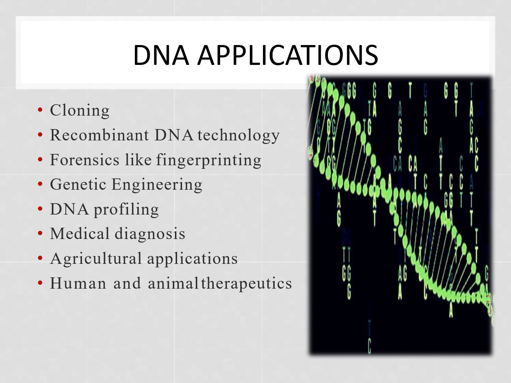We must know the basic structure and functions of DNA for further studies like cloning and recombinant DNA technology, and forensics like DNA fingerprinting, and for genetic engineering. For all these things, the basic knowledge about DNA is very important. This DNA fingerprinting is also called DNA profiling, and it is used for medical diagnosis, for agricultural applications, and for human and animal therapeutics. So whether it is a plant or animal or human being, the basic knowledge about DNA is very important.